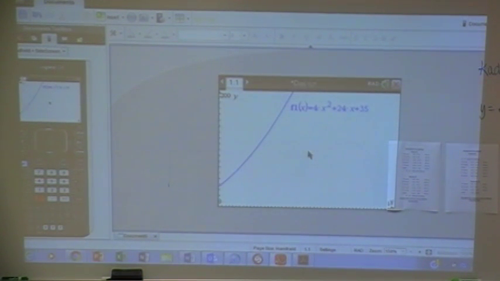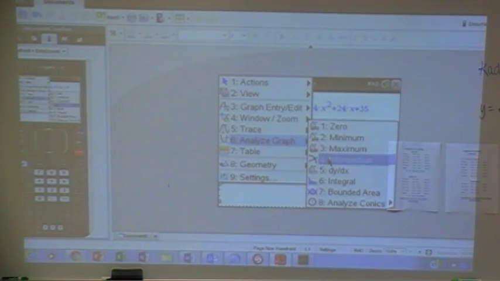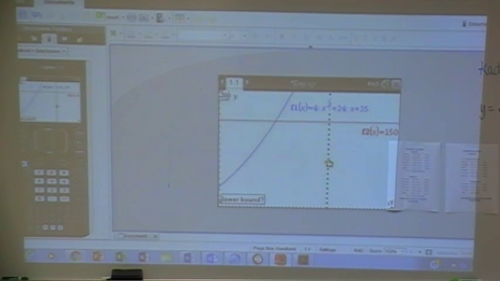Alright, so now I'm going to hit Tab, put 150 in, and now I just need to find that intersection point. Analyze. 3.144 is right now, this is only set on 2 decimal places, but however many decimal places you have is fine.